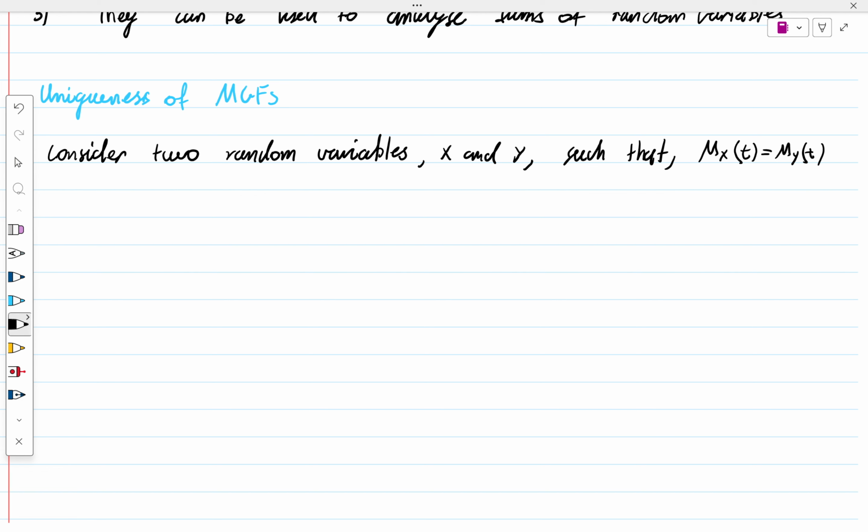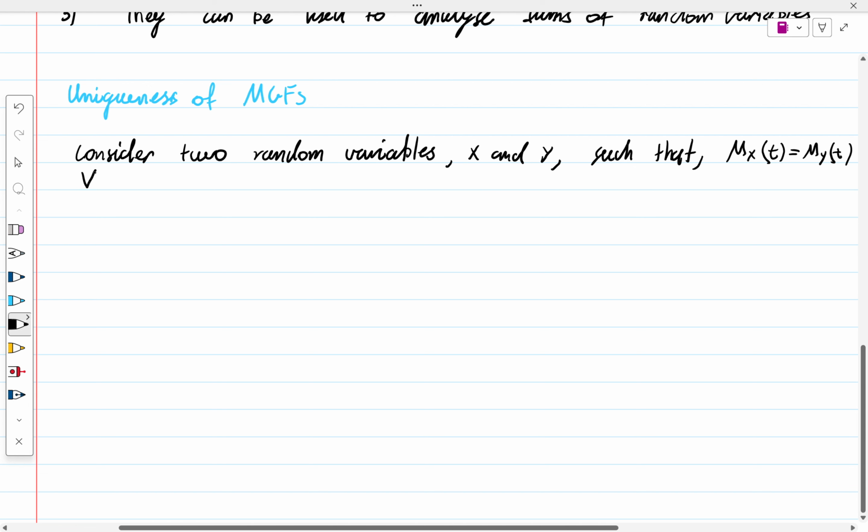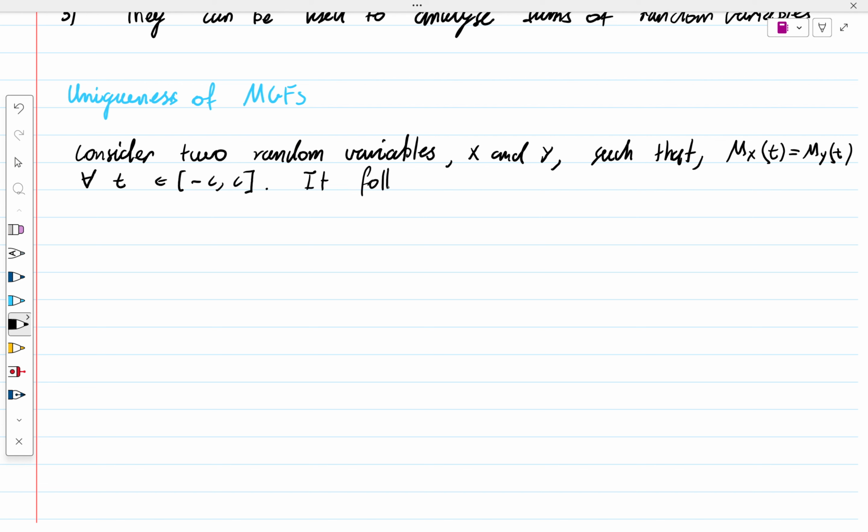This is for all t in some predefined set (-c, c). All right, so it's defined at least for some subset of the real number line. It follows that F_x(z) is equal to F_y(z) for all z an element of the real number line.